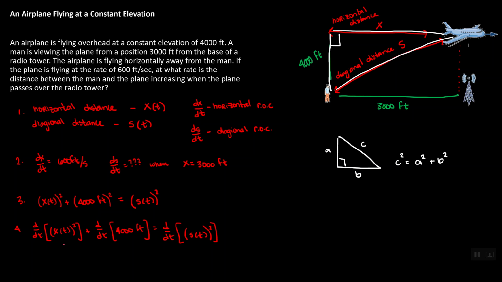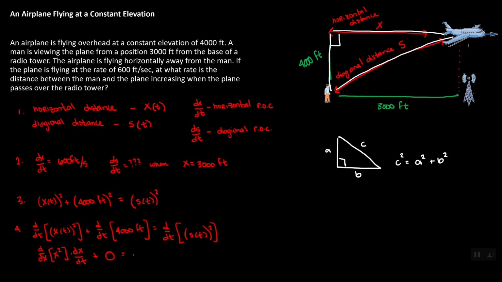Taking the derivative of the left-hand side, we need the chain rule, where we first take the derivative of x(t) squared with respect to x, then we do the derivative of x with respect to t. Second term, the derivative of 4,000 feet squared with respect to t. Well, 4,000 feet is constant, so that doesn't change with respect to time. We put a 0 there.